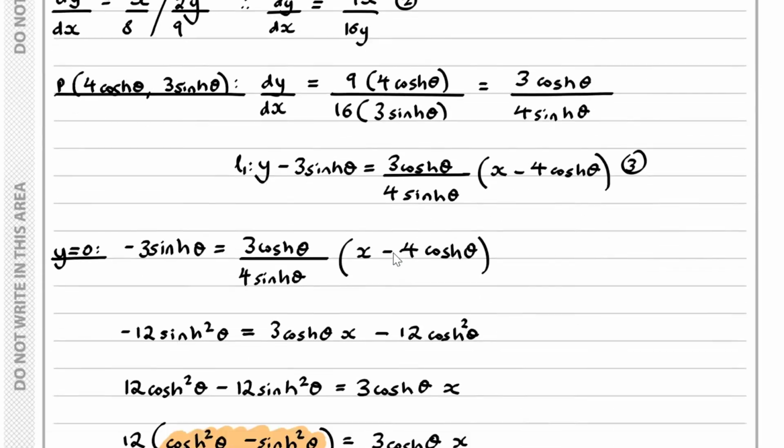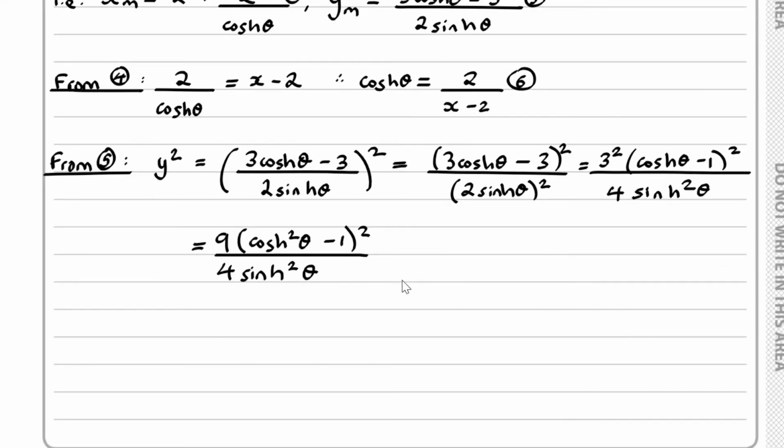And if you look at what we have in the question, that involved just x's. It's in Cartesian form. So what we can now do is use what we have in equation 6 and substitute it in over here. But before we do that, you'll notice we have a sine squared, and we can rewrite that in terms of cosine. So we have 9 times cos theta minus 1 all squared on the top, and on the bottom we have 4 times 1 minus cos squared theta.